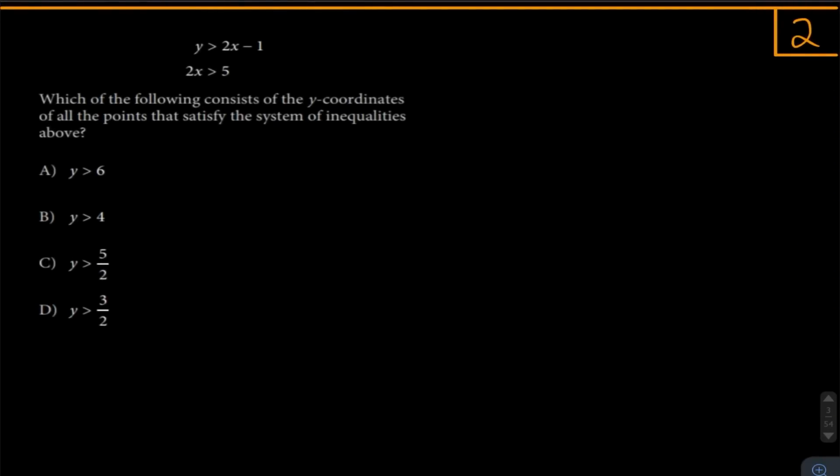Okay. So this problem is a little bit tricky because it's dealing with inequalities, and people tend to get freaked out when they see inequalities. But this problem says, which of the following consists of the y-coordinates of all the points that satisfy the system of inequalities above? So we look at our answers here, and we see that we have, y is greater than blank, right?